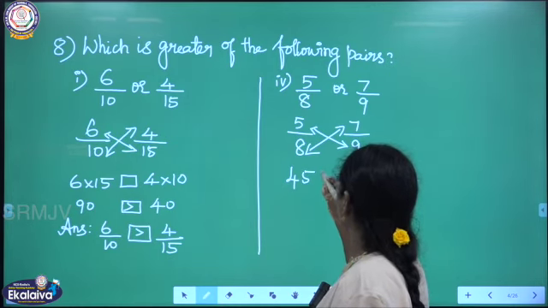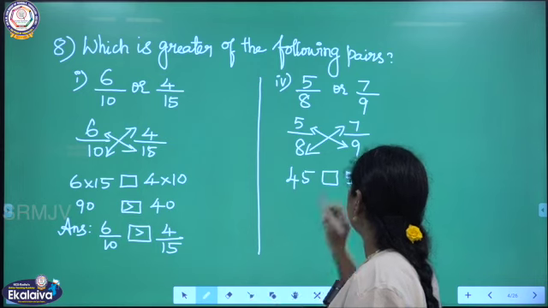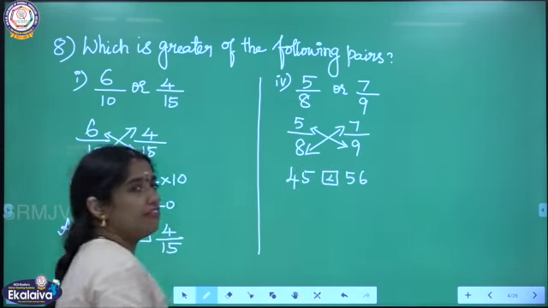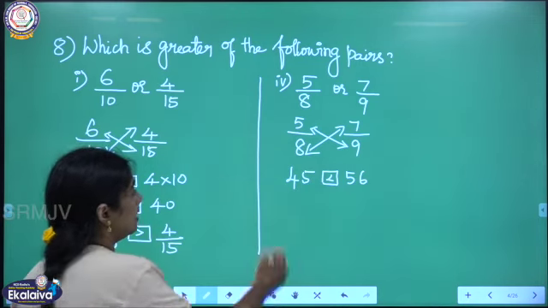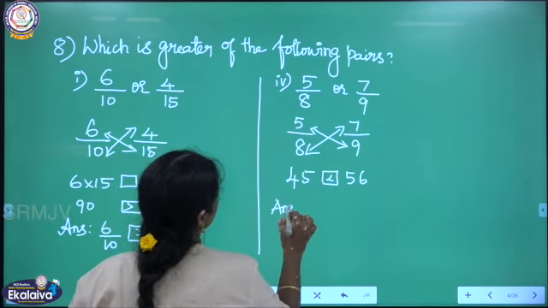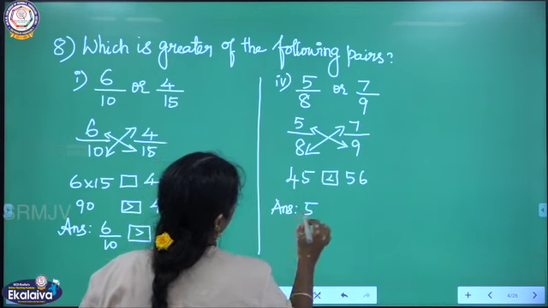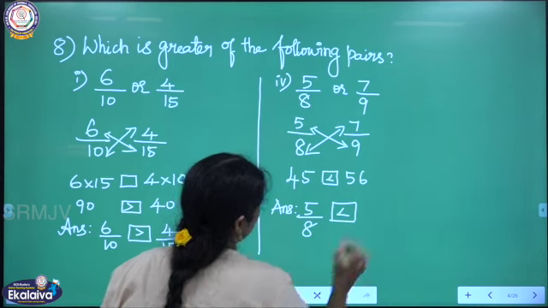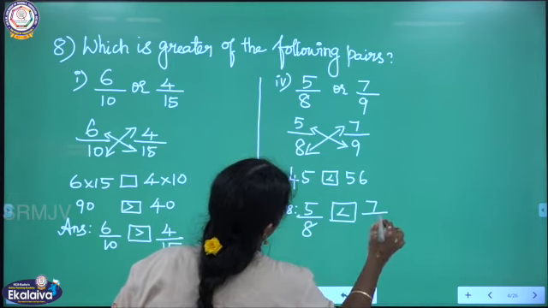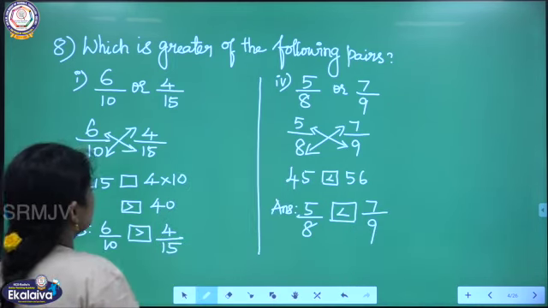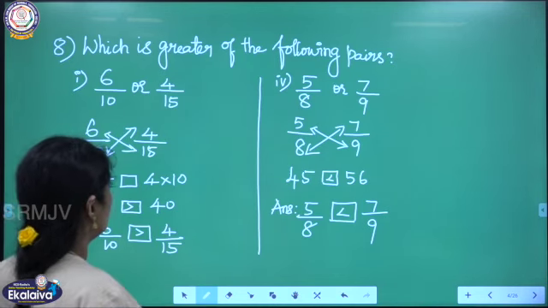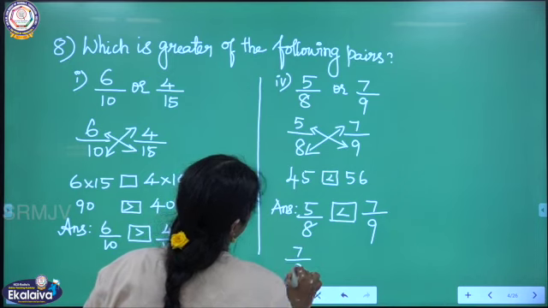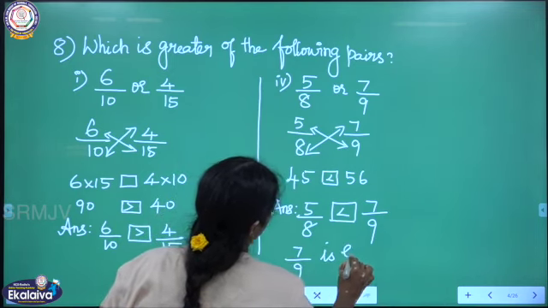So listen, which one is greater here? 56 is the greater number when I compare it with 45. Now you can write the answer. 5 by 8 is less than 7 by 9. You have to write which is greater of the following pair. So the answer is 7 by 9 is greater.